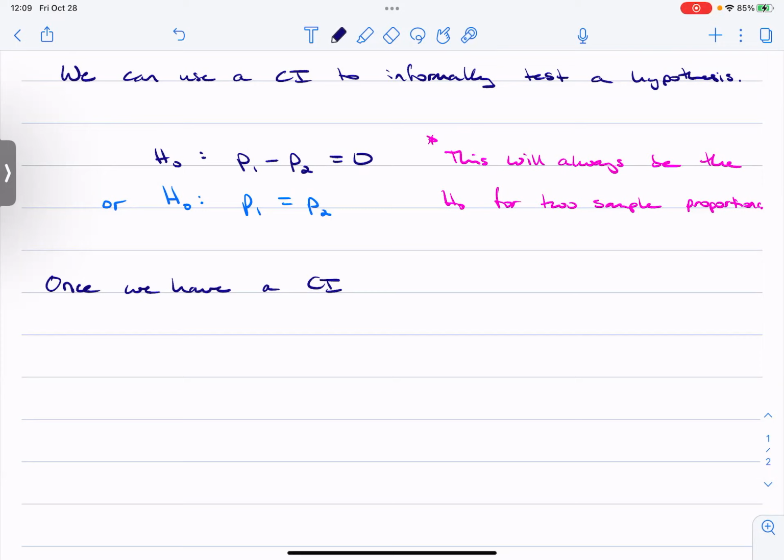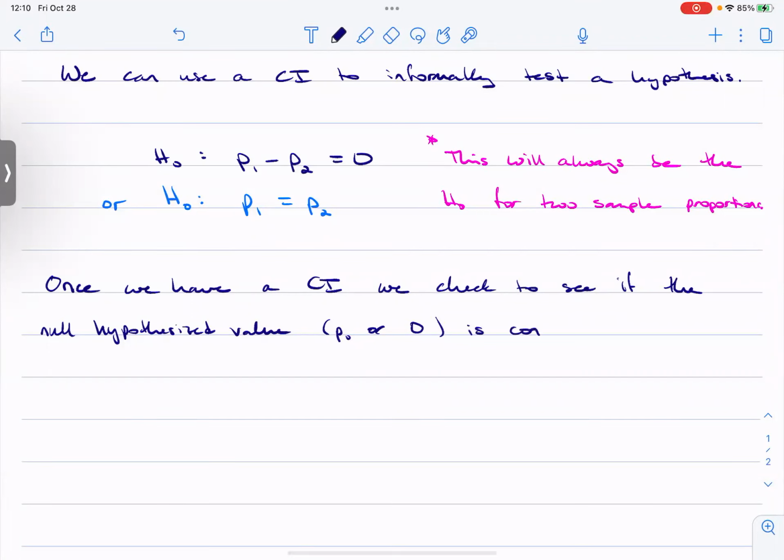Okay, so once we have a confidence interval, we check to see if the null value or the null hypothesized value, right, P naught or 0, right? Those are the only ones that we've seen so far. We're going to add to that list, right? But just so you get an idea, is contained in the interval.